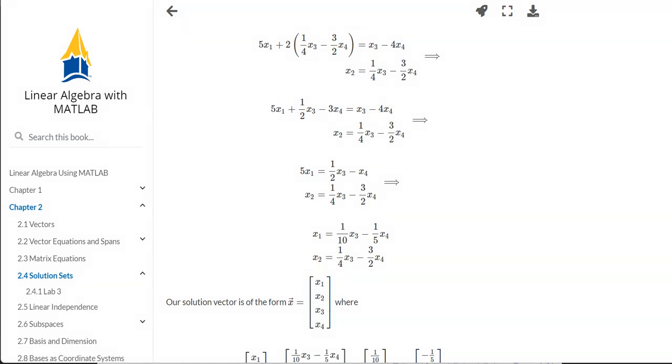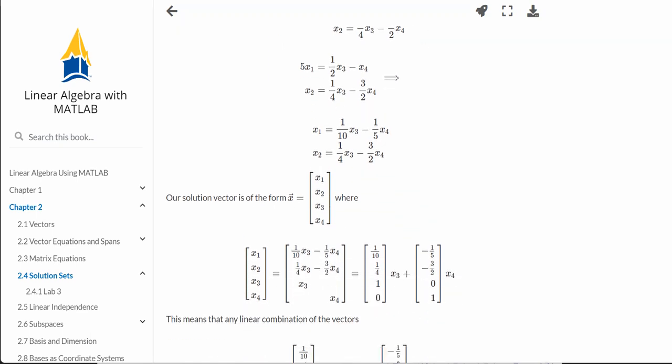We're looking for a solution vector x. For x sub 1, we need x sub 1 to be equal to 1/10 x sub 3 minus 1/5 x sub 4. And for x sub 2, we've solved in terms of the free variables, so it should be 1/4 x sub 3 minus 3/2 x sub 4. And x sub 3 is a free variable, so it's just equal to itself, as is x sub 4.